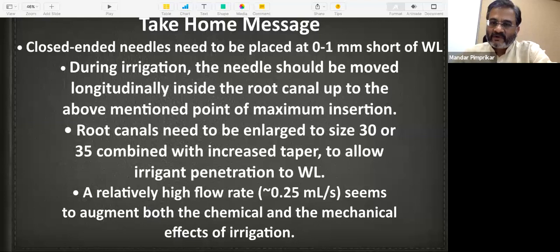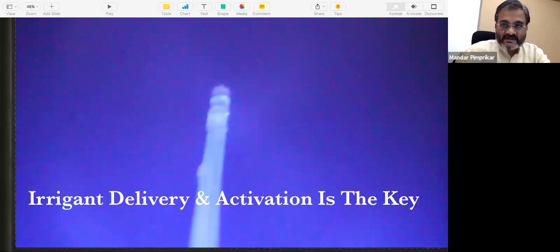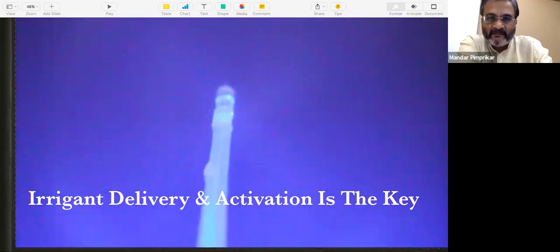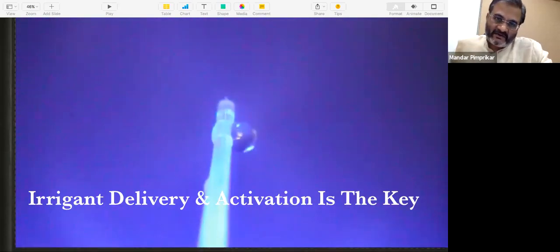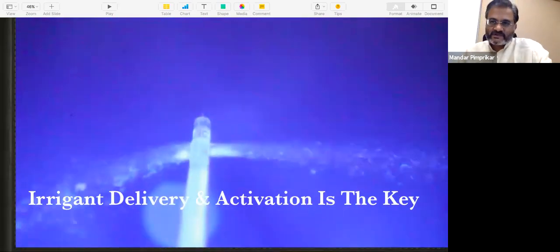So ideally your flow rate should be 15 ml per minute to augment both the chemical and the mechanical actions of the irrigation. Now, one thing which is next in the pipeline from me is a tapered needle which is 30 gauge and has two side holes.